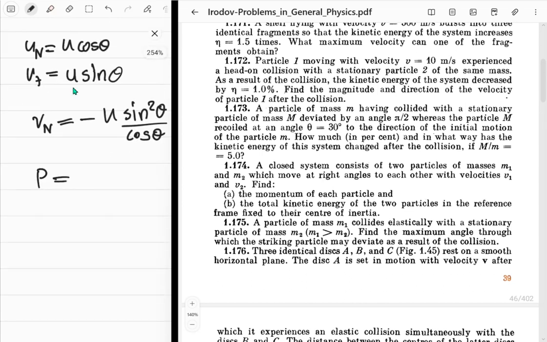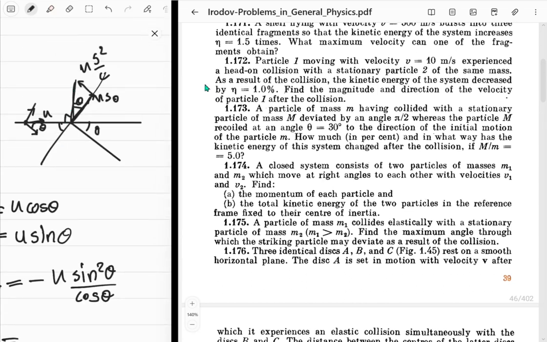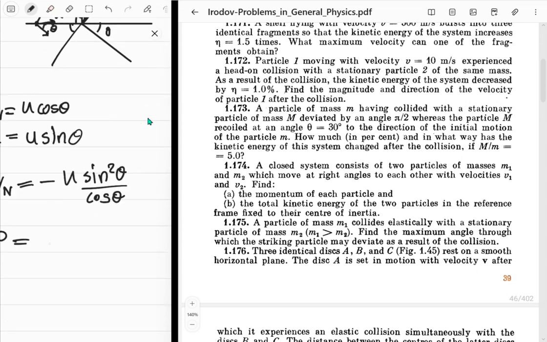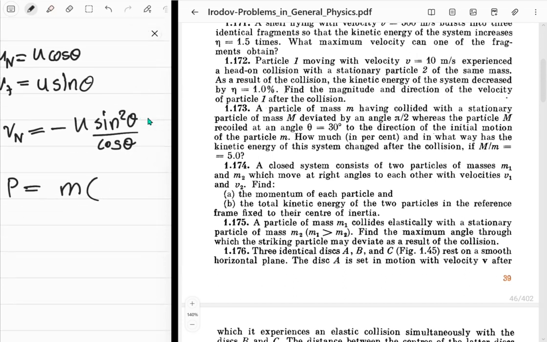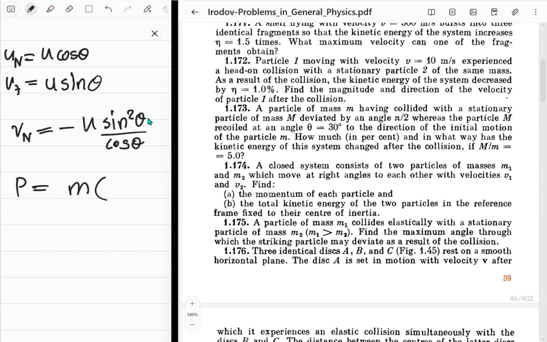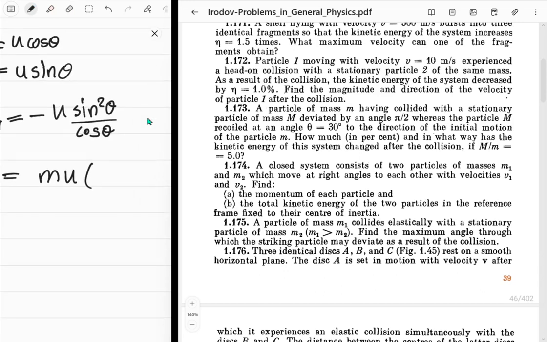The momentum is, wait, this was a small m, so small m, and then you got initial minus final, that would be the thing actually. Initial minus final, it's going to be mu, and then cosine theta minus all of this. It's going to be 1 upon cosine theta.